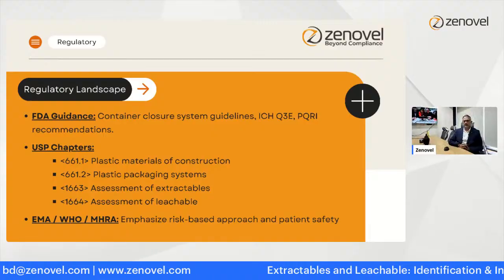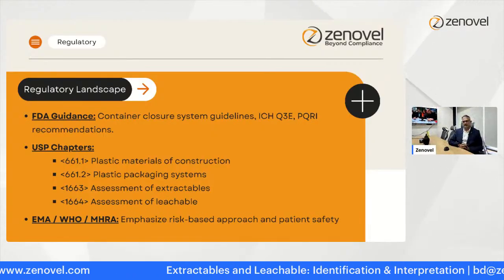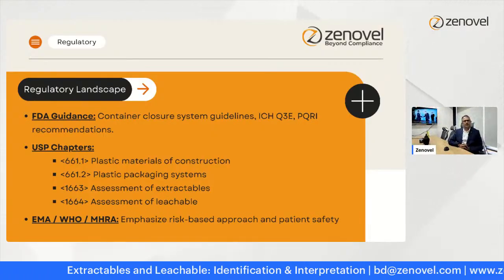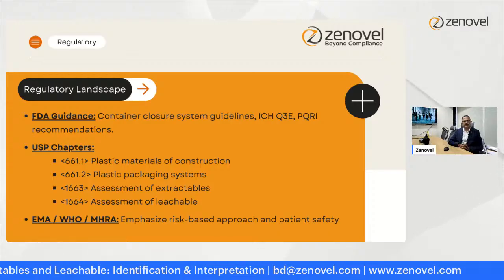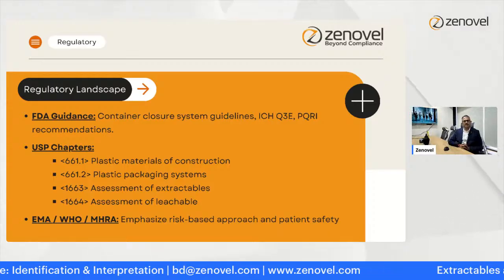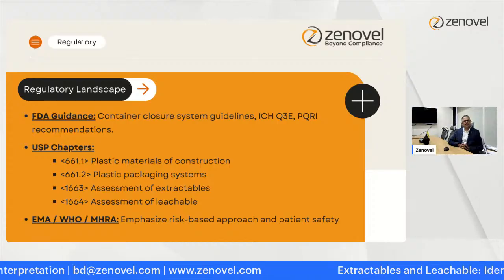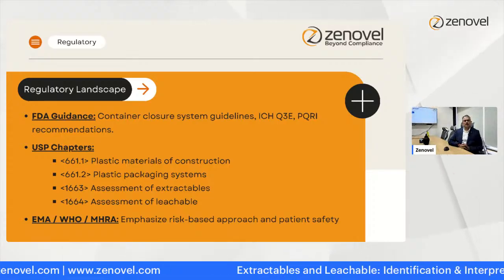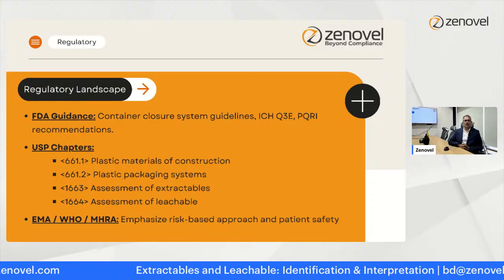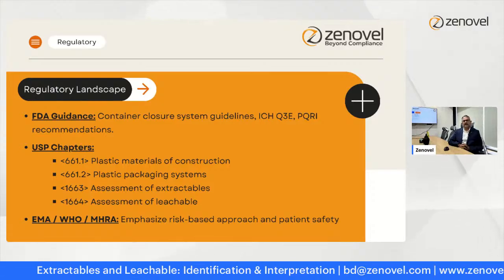Definitely, the regulators have guidelines to perform extractable and leachable studies. If we discuss the FDA guidance, there is the FDA's container closure system guidance, ICH Q3E, and PQRI recommendations to design the SET and AET values.